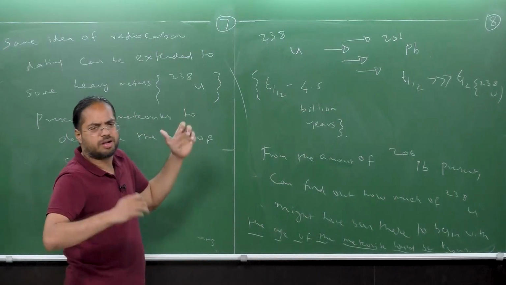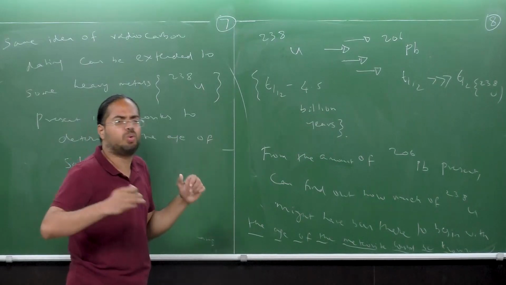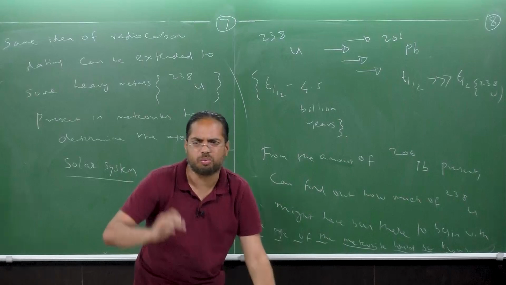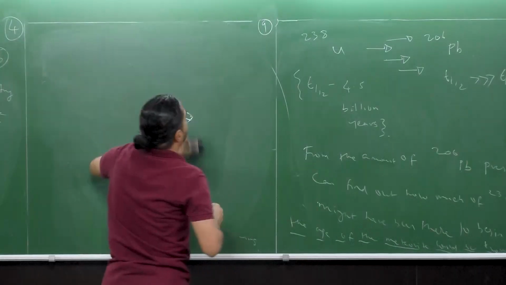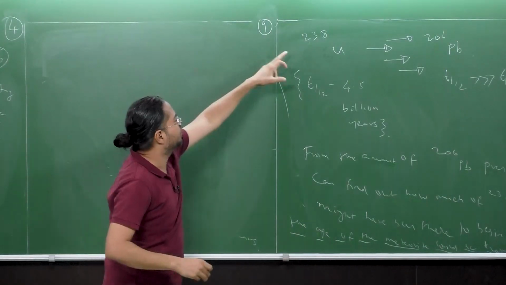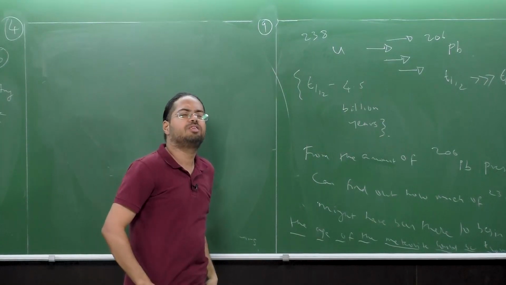Now, how is it actually done? What is the math involved? It is reasonably straightforward. I'll give you a brief glimpse of it. Let's say your 238 uranium is undergoing some kind of decay.